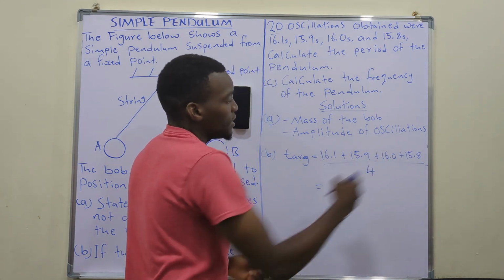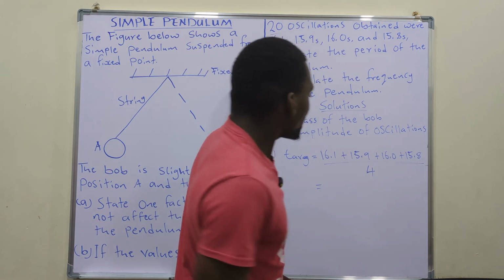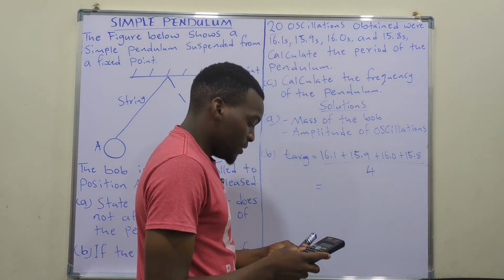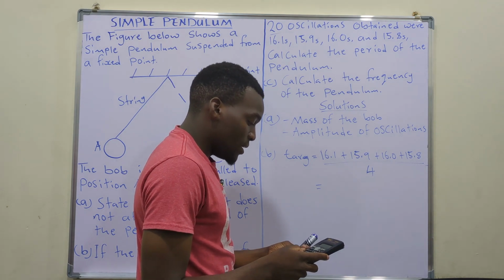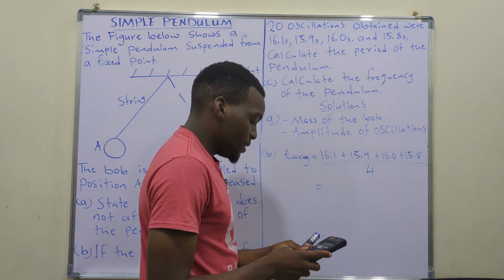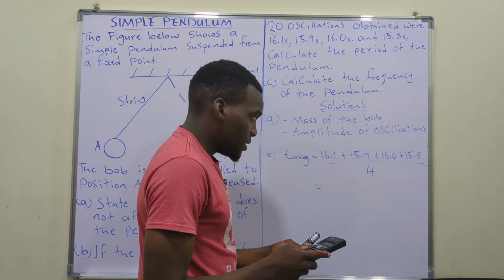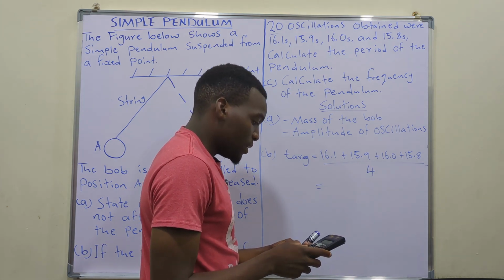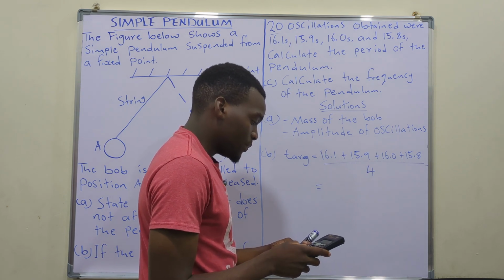Now let's find the sum on top there. So we have 16.1 plus 15.9 plus 16 plus 15.8.